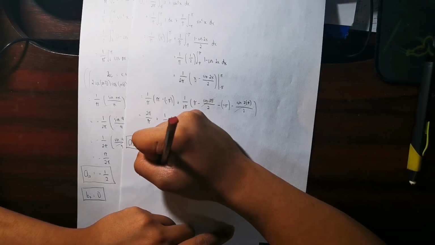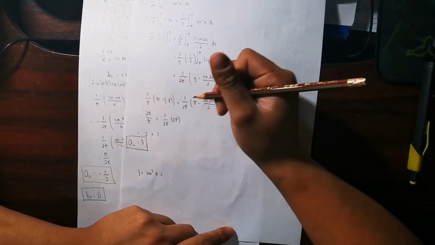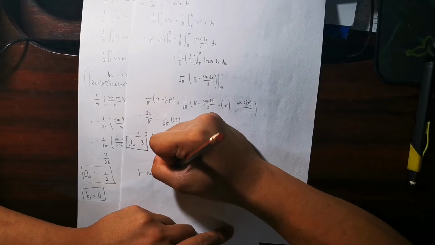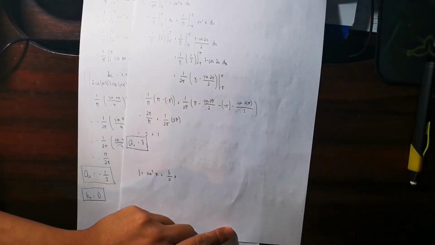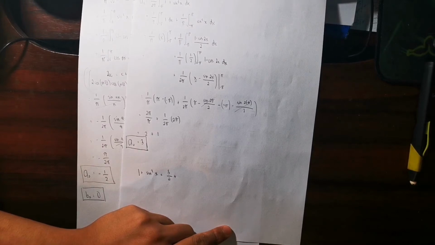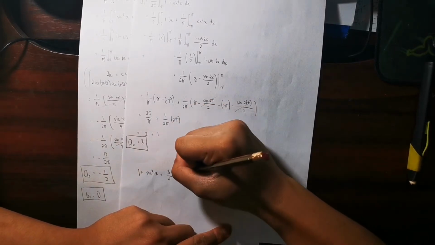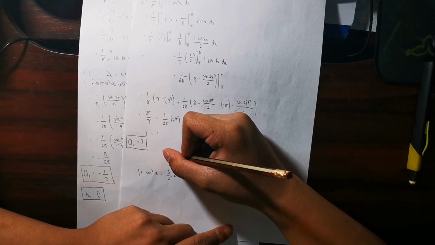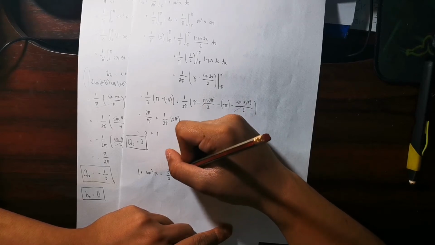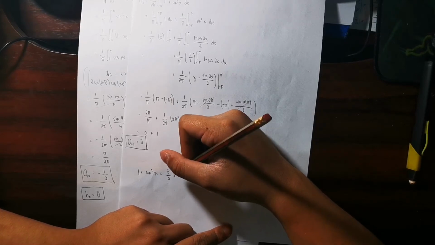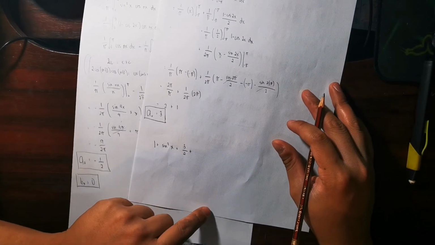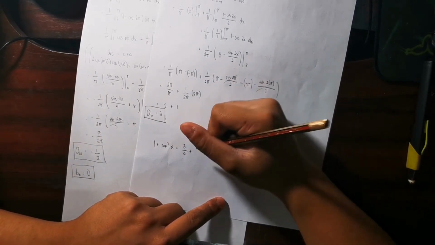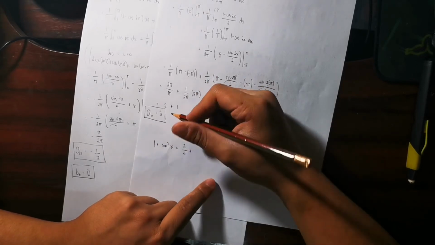So we have a sub 0, 3 over 2, plus our a sub n, which is negative 1 over 2.